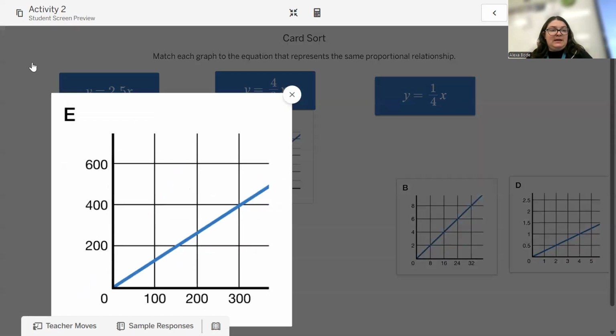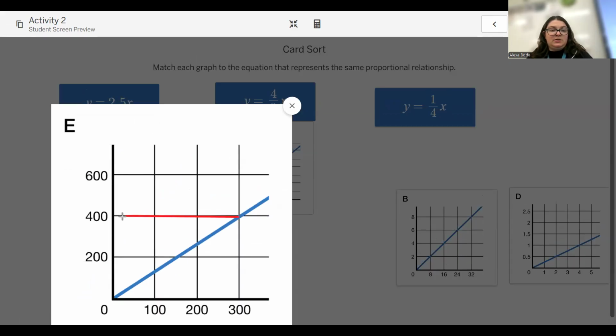Okay, I'm looking at E. Again, I'm drawing my slope triangle. So I've got a pretty point here, and I have a pretty point all the way over here. The vertical up and down distance here is 0 to 400. And my horizontal distance going side to side is 0 to 300.